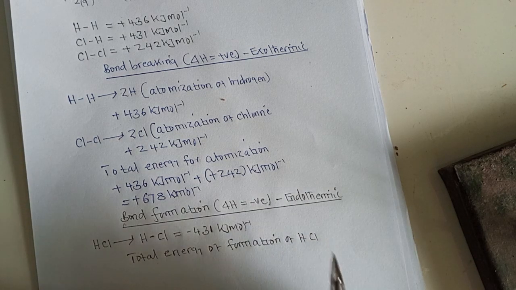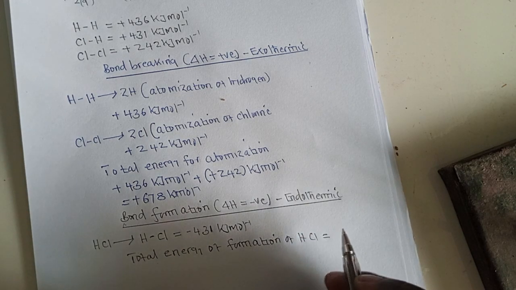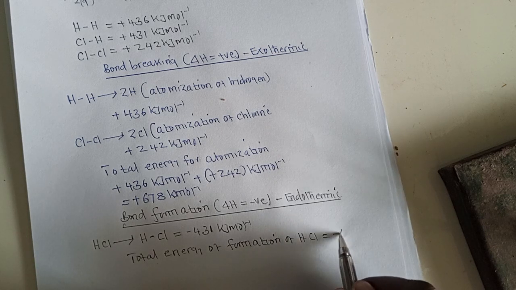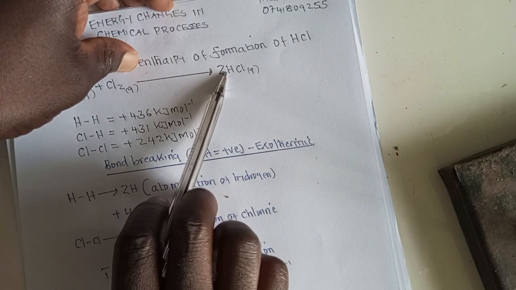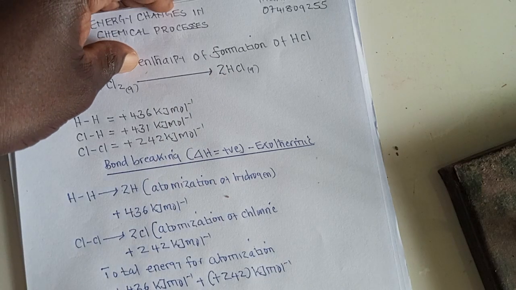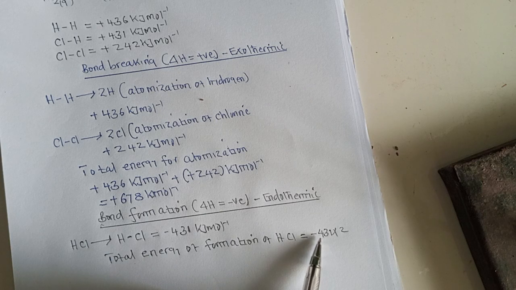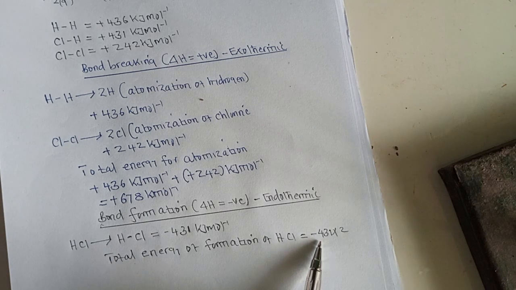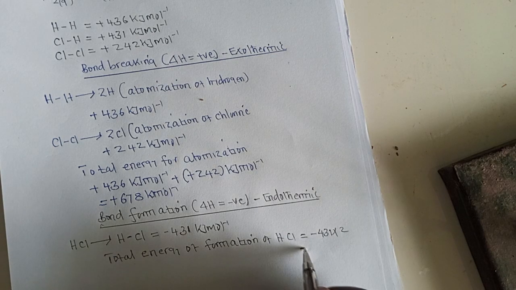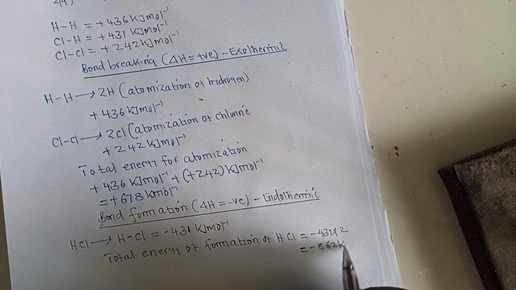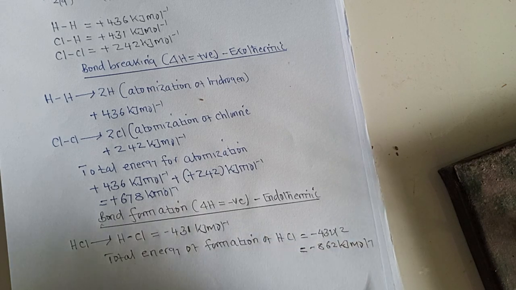It is equivalent to negative 431 times 2, because from our reaction we have 2 moles of hydrogen chloride. Negative 431 times 2 is giving us negative 862 kilojoules per mole.